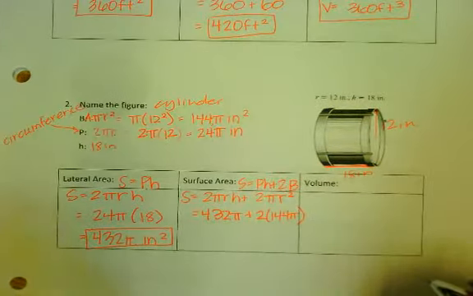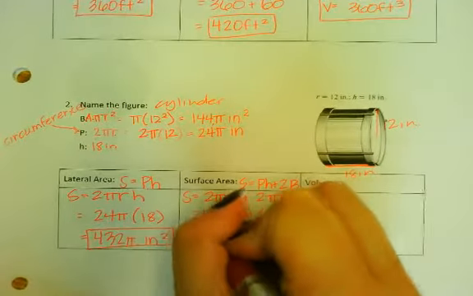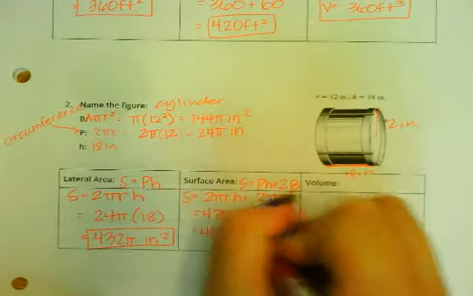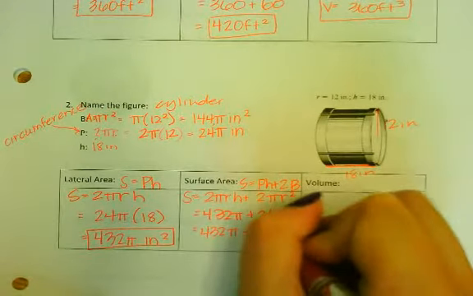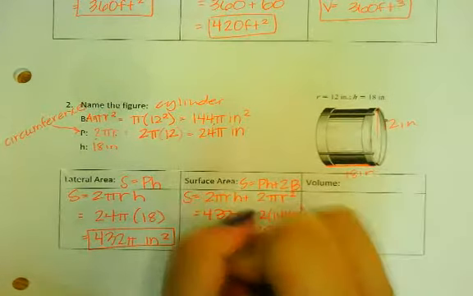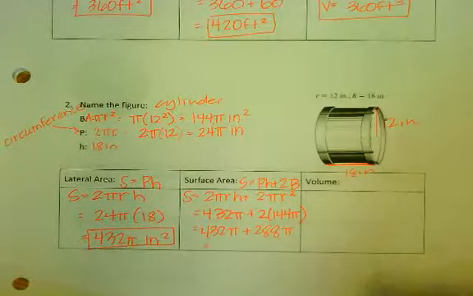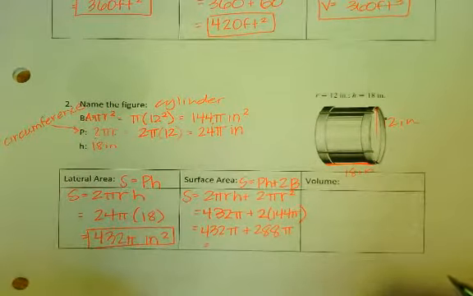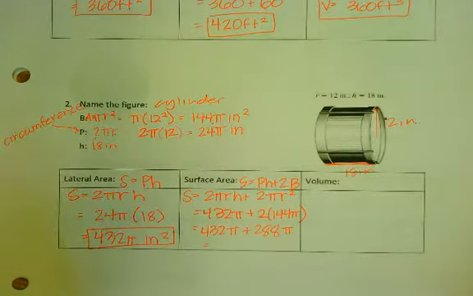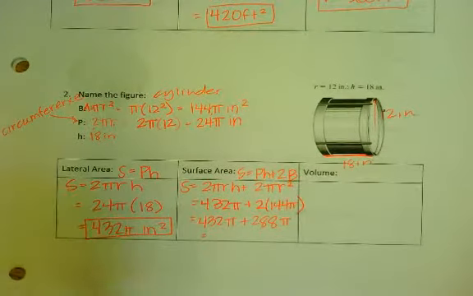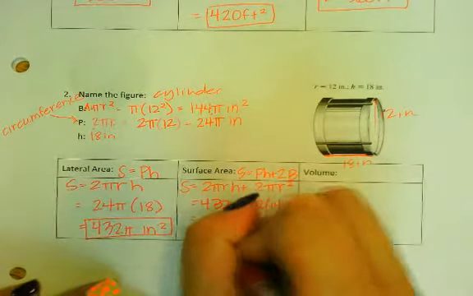Okay, so we have 432 pi plus 288 pi. What do we get? Try it again. 432 plus 288, 720 pi inches squared.